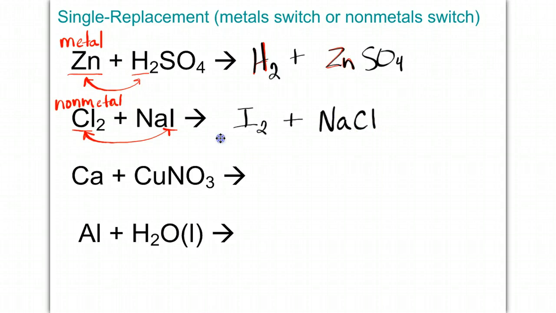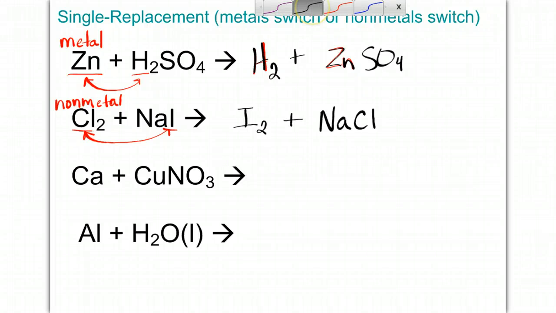Same thing with the iodine. We only have 1 iodine here, whereas we have 2 here. It's because here's a diatomic, whereas here, this is sodium iodide. The charge is canceled, leaving me a 1-to-1 ratio. As usual, you should always balance your equation when you have finished. However, we're not going to worry about balancing these.